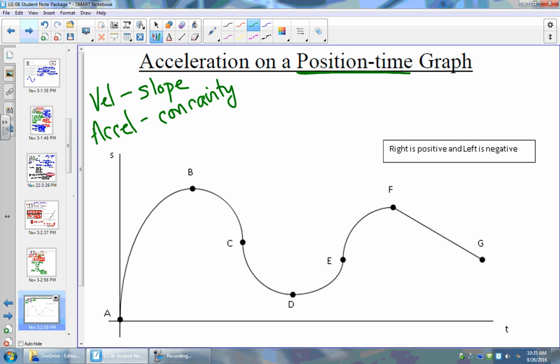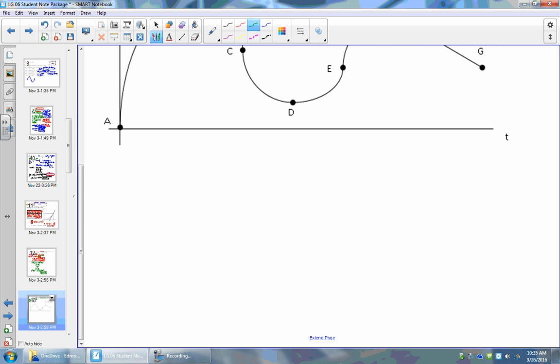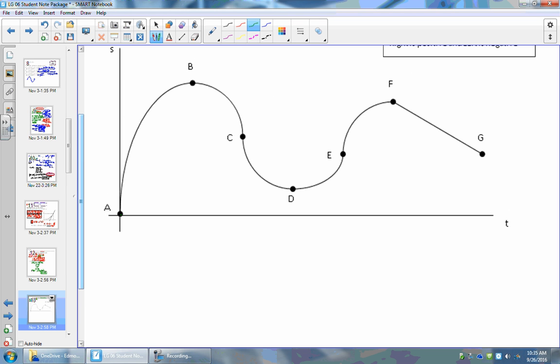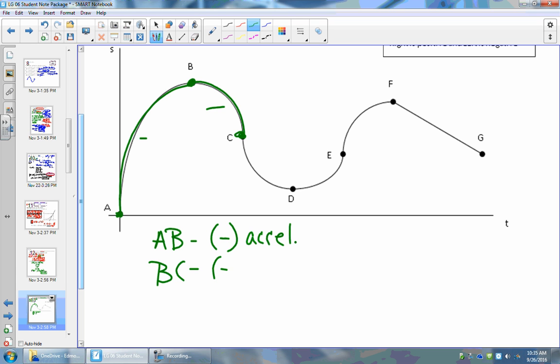So if I look at this graph here, if I identify just from A to B to start off with, I obviously have a negative concavity there. So that must mean A to B is going to be negative acceleration. From B to C is again a negative acceleration.